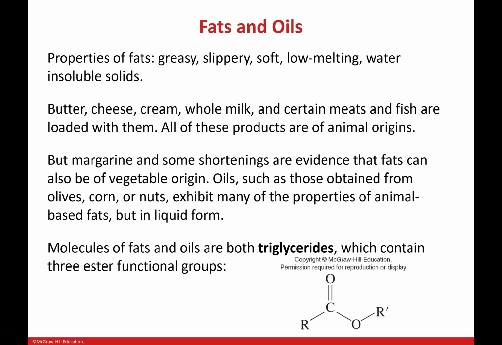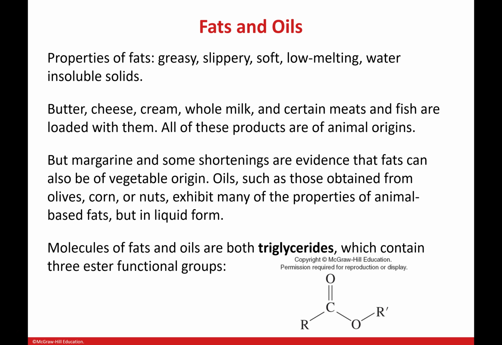What's that little dash? It's used for prime, the word prime. So this would be R, and this would be R prime. R and R prime just means that it could be anything.